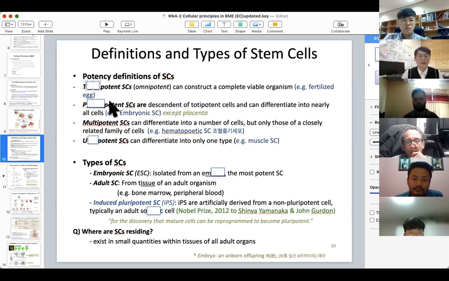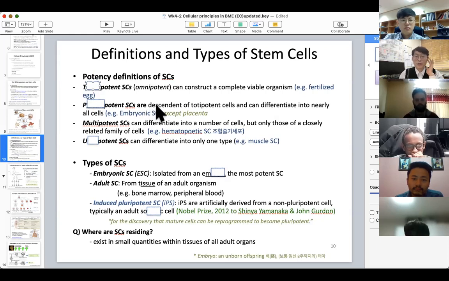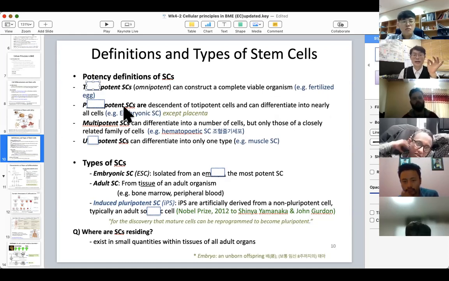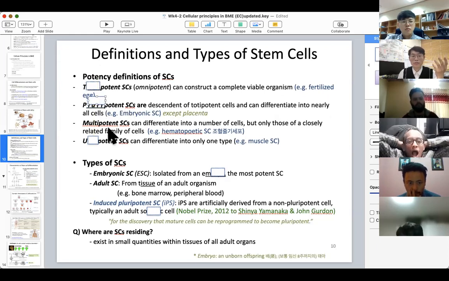And then, as I said, descendants of totipotent cells can differentiate into nearly all cells. Why did I put nearly all cells? You just saw the embryonic stem cell, okay? And I said it's plural, so it's a pluripotent stem cell.